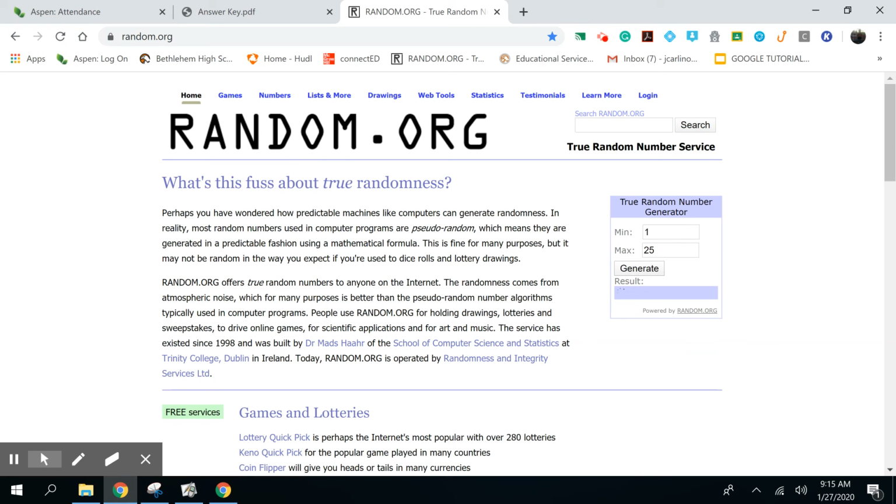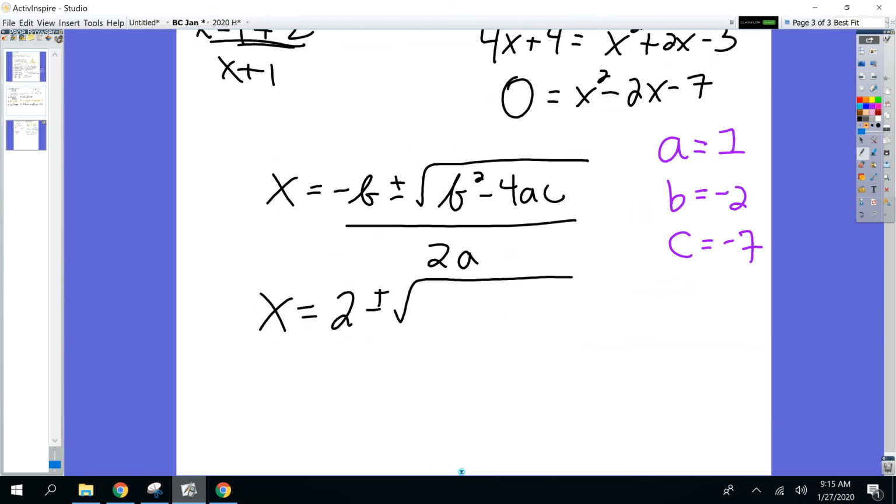When you get your calculator to give you a 24, what's the number underneath? 28? You might want to check 1, negative 2, and negative 7. Oh, wait, that's what I got, sorry. Oh, now we got it, yep.